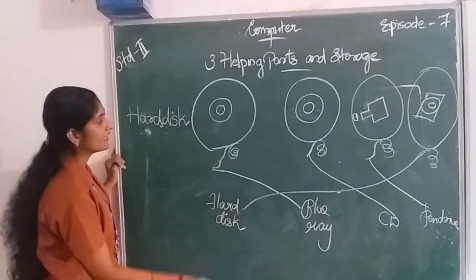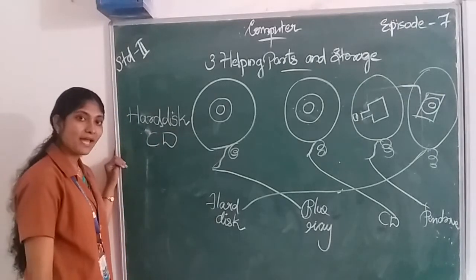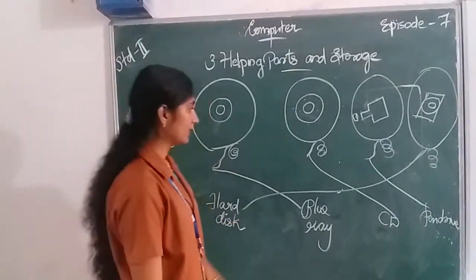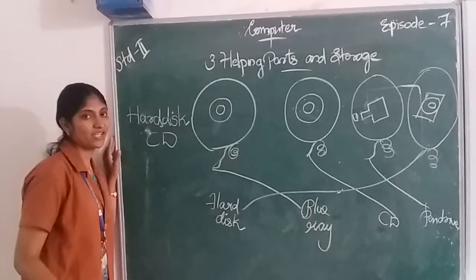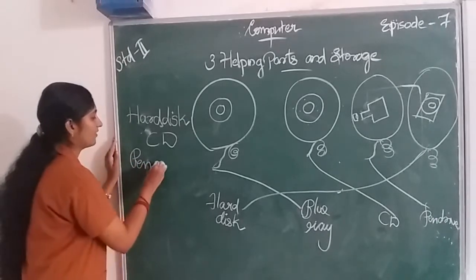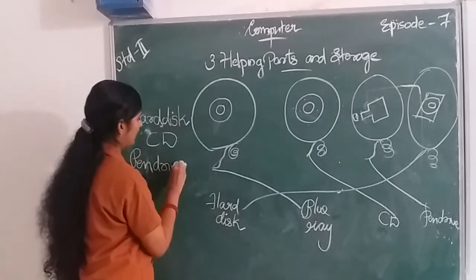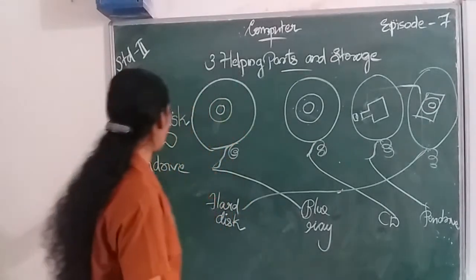Then second one, CD. CD means compact disk. Third one, pen drive. And what is the spelling of pen drive? P-E-N, pen. Drive, D-R-I-V-E. Pen drive.